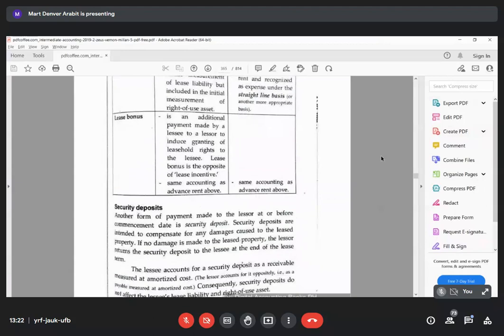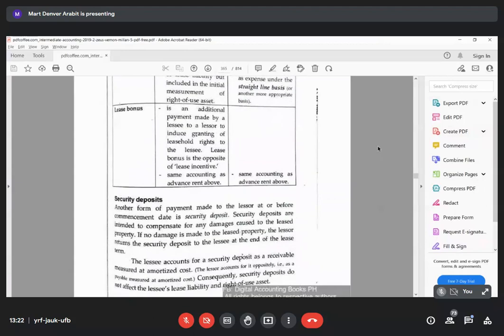Okay, so security deposits. So, another form of payment made to the lessor at or before commencement date is yung security deposit. So, ito yung usual security deposit na alam natin na at the end of the term or at the end of the transaction is mare-refund natin. So, ito yun. Walang pinag-iba yun.